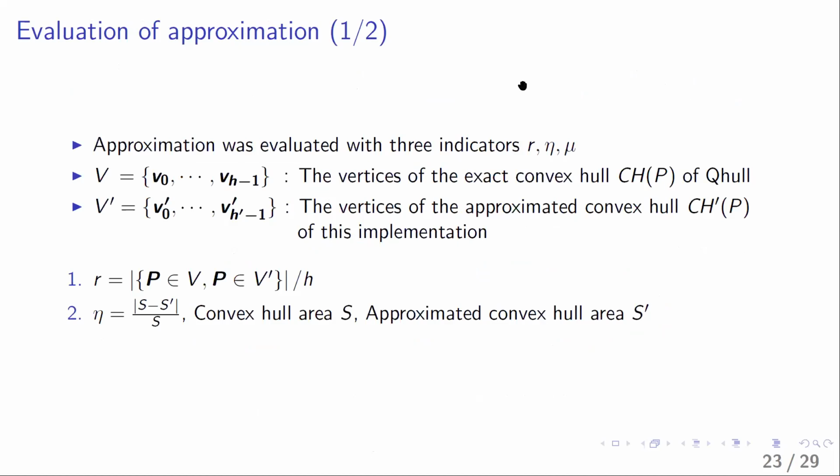Approximation was evaluated with 3 indicators: R, eta, mu. The first index R is the ratio of the points that are the vertices of the approximated convex hull among the vertices of the exact convex hull. The second index, eta, is the relative error between the exact convex hull area and the approximated convex hull area.